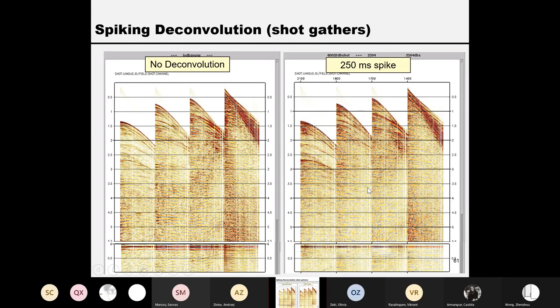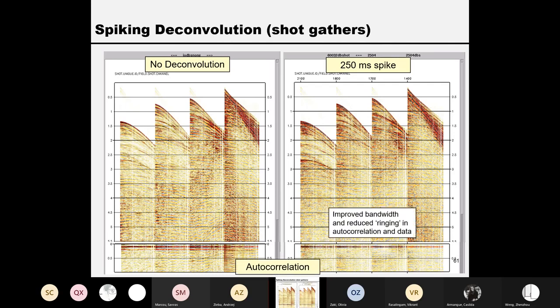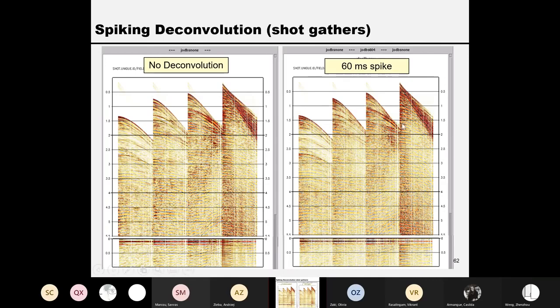If we see the same process but with different parameters, you can see what happens. For spike decon, if we set up the filter length 60 milliseconds rather than 250 milliseconds, so it's a shorter filter length.